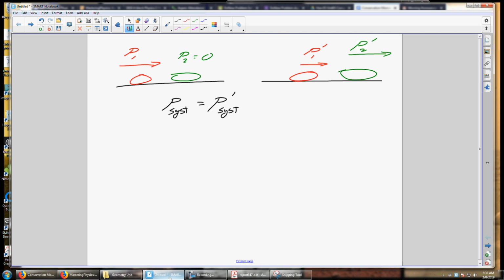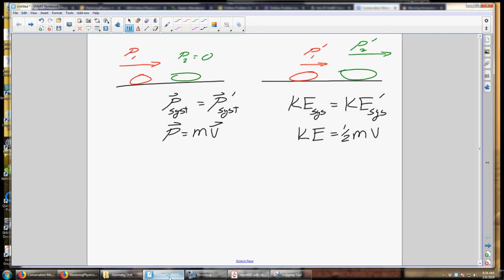And because it's elastic, kinetic energy of the system before equals kinetic energy of the system afterwards. I should remember that momentum is mv, and it's a vector. Whoops. So this should be vectors. And the kinetic energy is 1/2 mv squared, and it is not a vector. That's all for my equation, right?